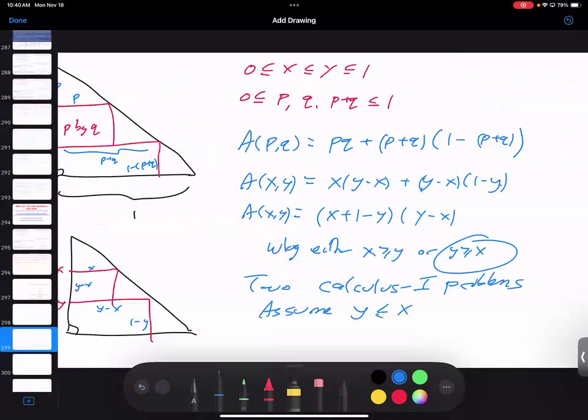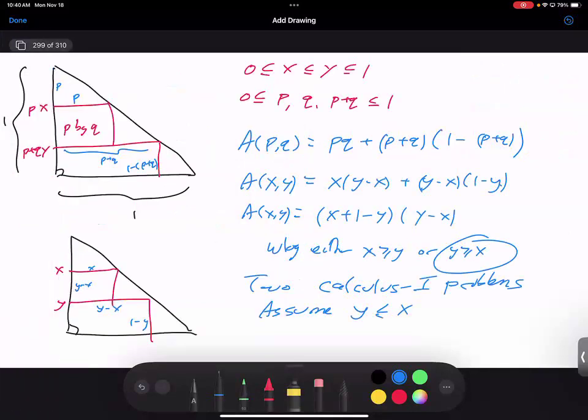Now let me check and see if we made an algebra mistake somewhere. We had x times y minus x plus y minus x times 1 minus y. So we definitely have, okay, so the first triangle is x by y minus x, and y is greater than or equal to x.